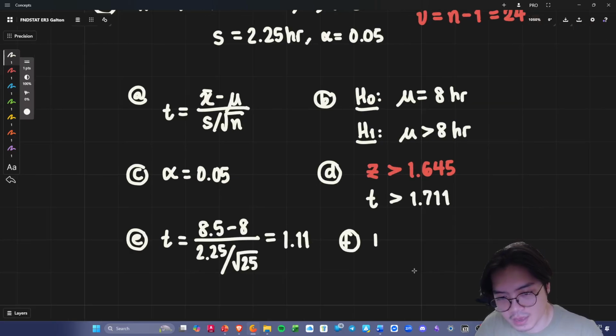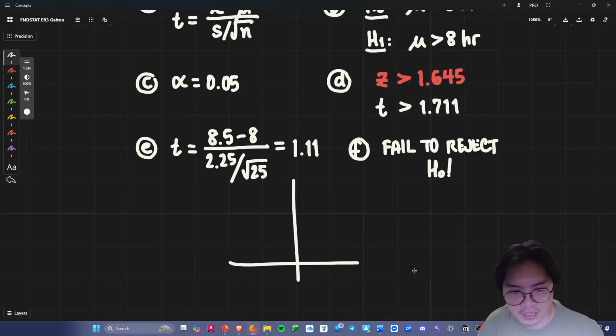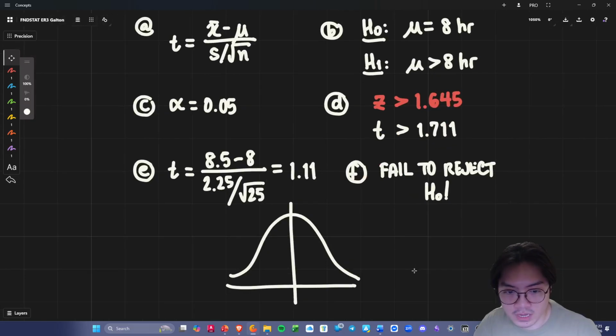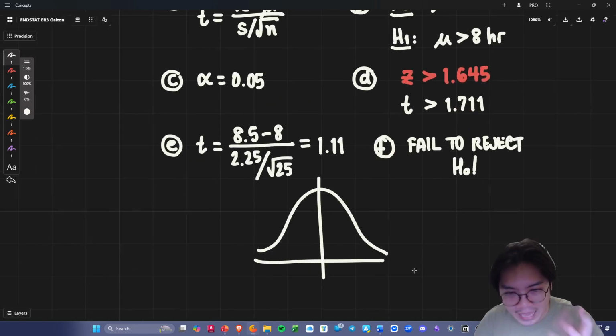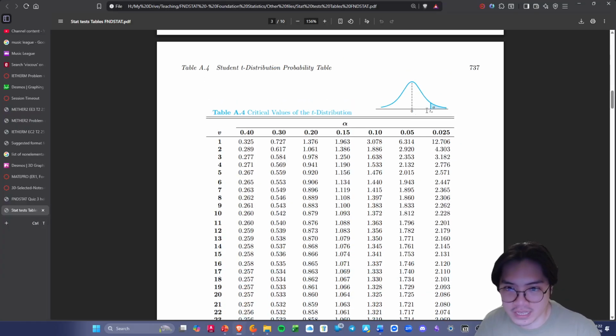For F, our conclusion is fail to reject H0. Because, even if we don't know what the T looks like for 24 degrees of freedom, we can still think about it based on this representation here.